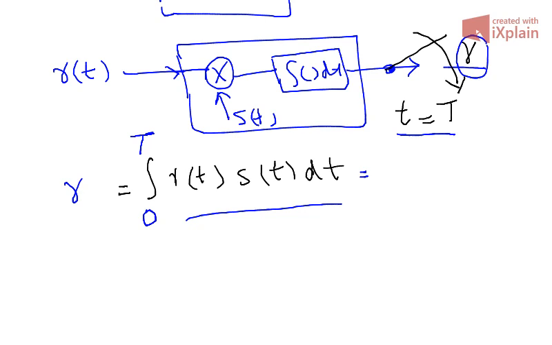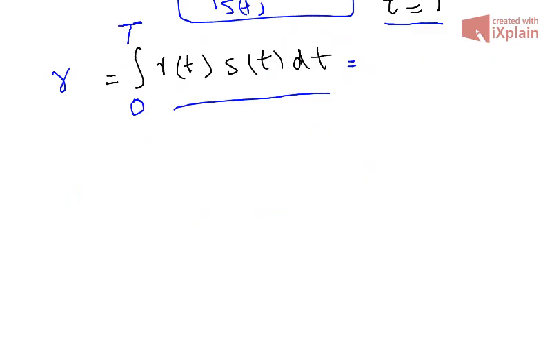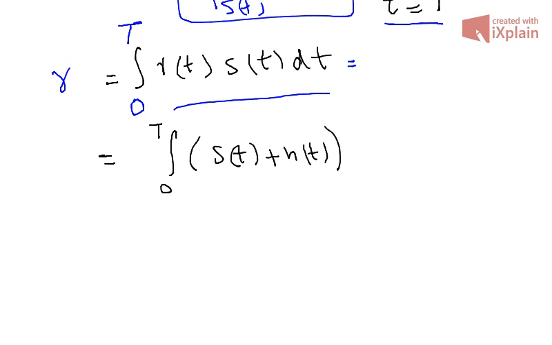Now, what we have seen in our correlator is that if we put the value of our received signal r of t in this integral from 0 to T, you are transmitting either plus or minus s of t. So suppose you are transmitting plus s of t. Then your received signal will be s of t plus n of t, and it is multiplied with s of t, and we have dt, right?